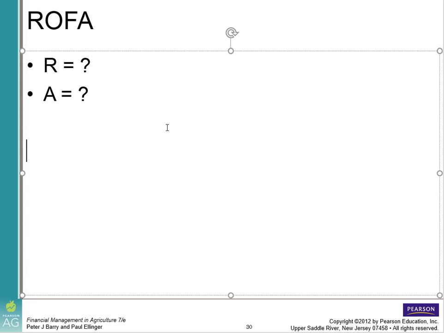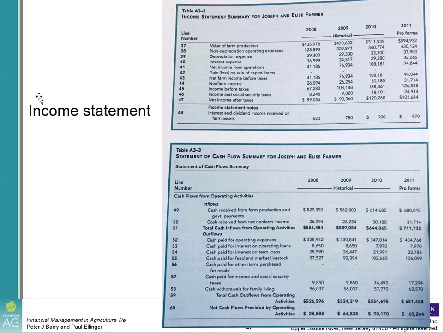Remember, A is the average farm assets. So let's first worry about the denominator. Just to put it out there, ROFA equals R over A. This is what you're trying to find. A is your average farm assets. Now, when we talk about average farm assets, remember we talked about this idea of comparing two periods.